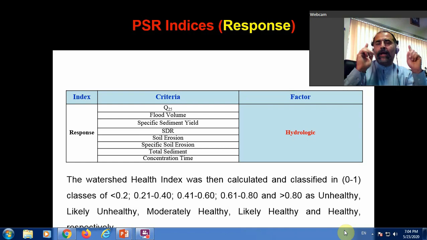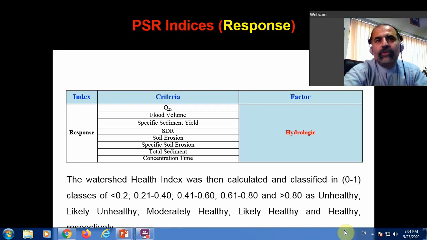And finally, after combining all these 3 indices with each other, the watershed health index could be calculated and classified from 0 to 1, and it was subclassified into 5 groups of below 0.2, 0.21 to 0.40, 0.41 to 0.60, 0.61 to 0.80, and finally beyond 0.80.